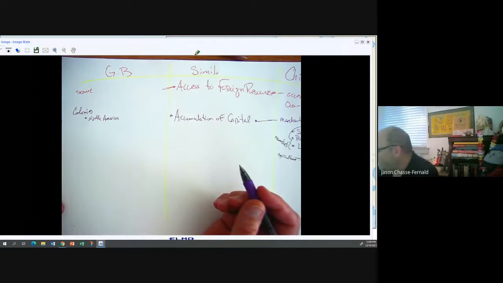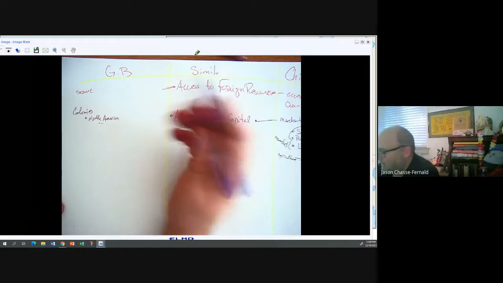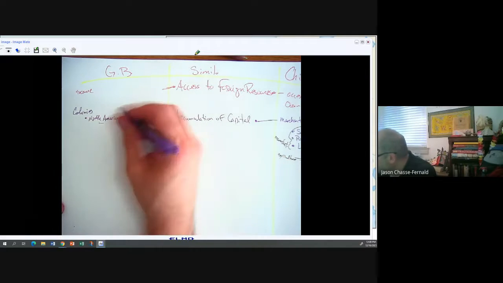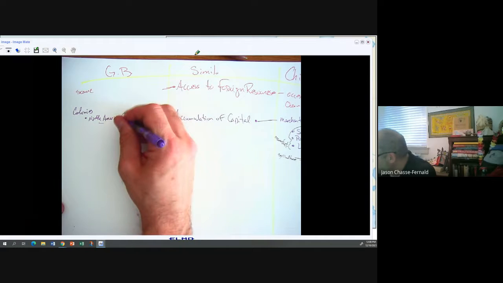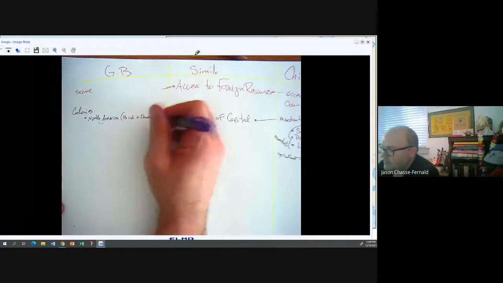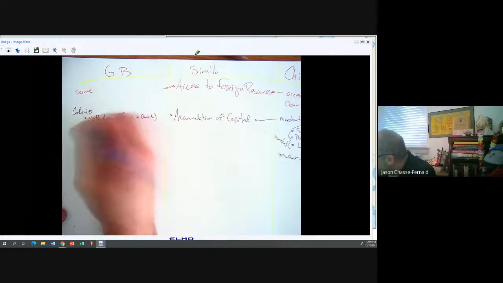And, by the time the American Revolution is done, the Industrial Revolution is already underway. So even the 13 colonies would have contributed to the accumulation of capital by Great Britain, right? So 13 colonies plus Canada. All right. And so, post 7 Years' War. All right.